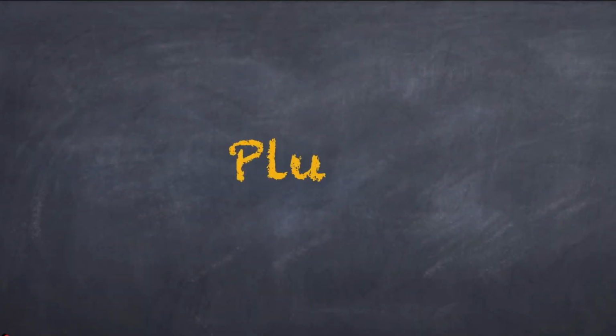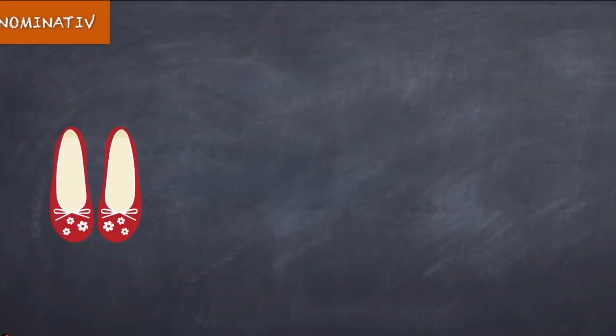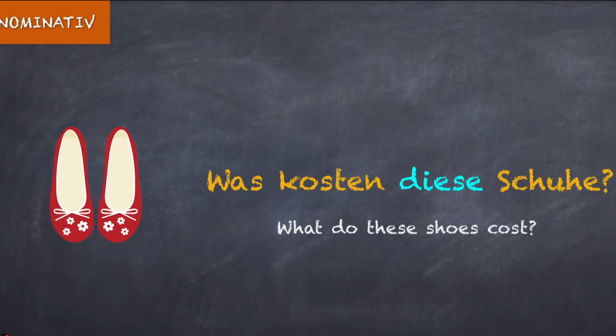Now let's look at the plural article. The plural article and the feminine article are the same, im Nominativ and also in Akkusativ. Let's look at the first example. Was kosten diese Schuhe?